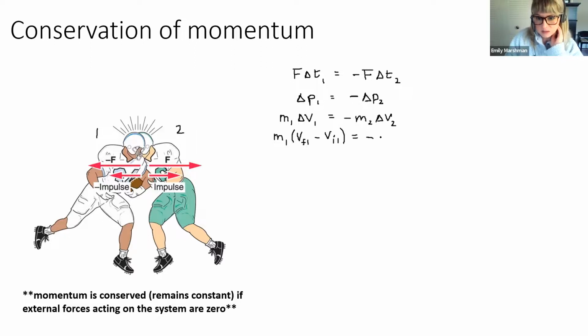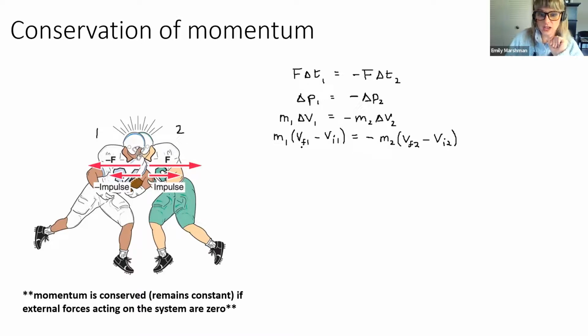The other side is going to be the mass of player 2 multiplied by the change in velocity for player 2: the final velocity for player 2 minus the initial velocity for player 2. Now there's a little bit of algebra here in the next step, and you can check this on your own when you get a chance. But what I'm going to do is bring everything that involves initial velocity to one side of the equation and everything that involves final velocity to the other side.